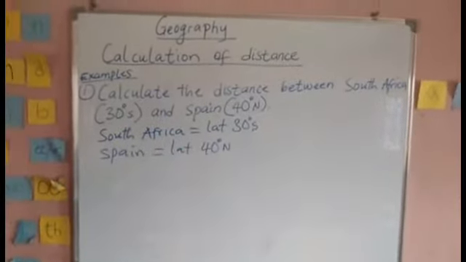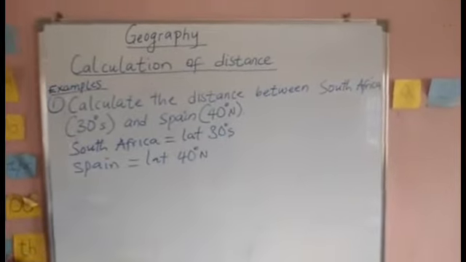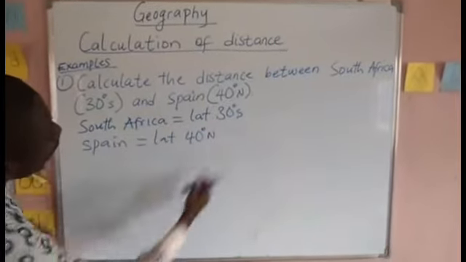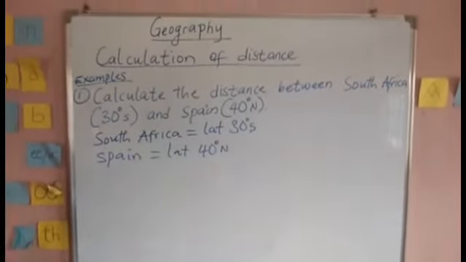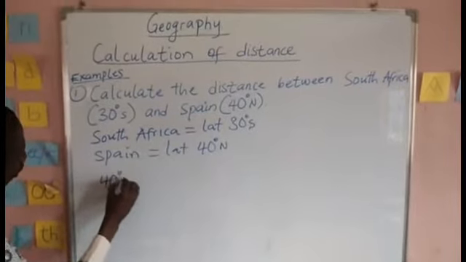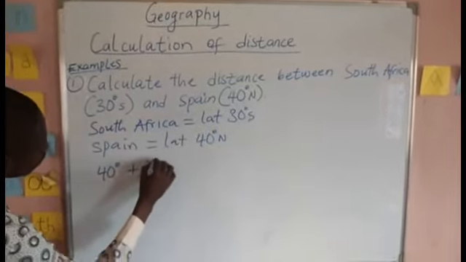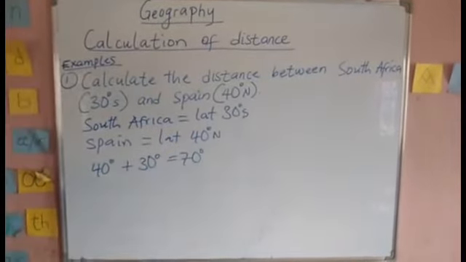That is step 1. Step 2 says find the latitude differences. I look at my 2 latitudes. I have south and north. South and north, or north and south, is addition. So I will say 40 degrees plus 30 degrees, which will give me 70 degrees.